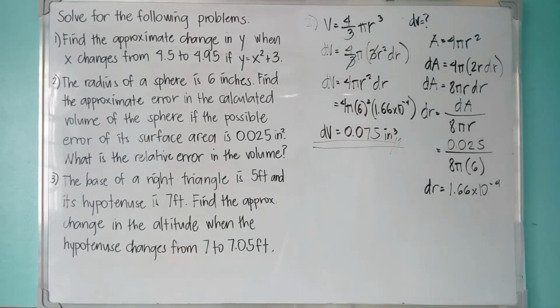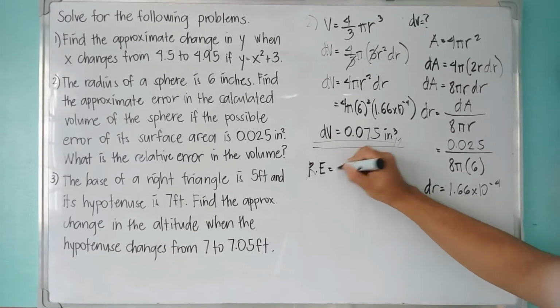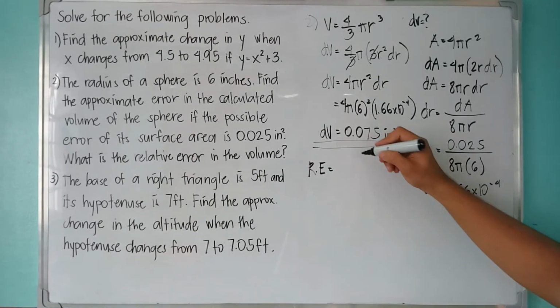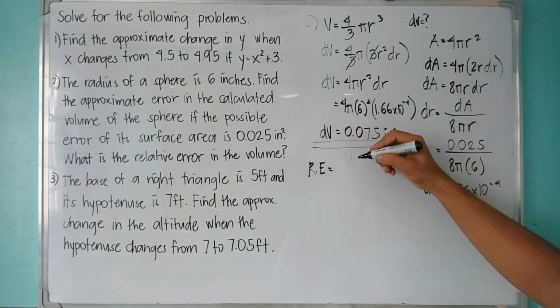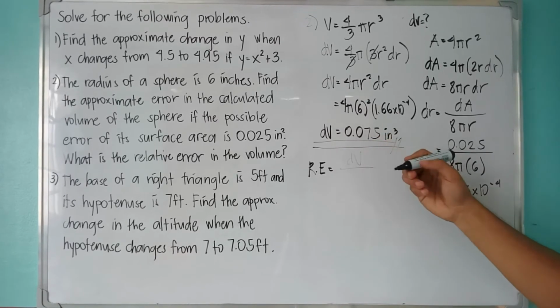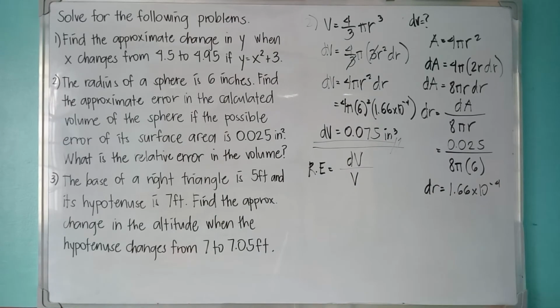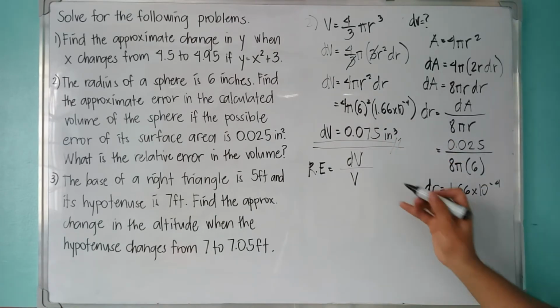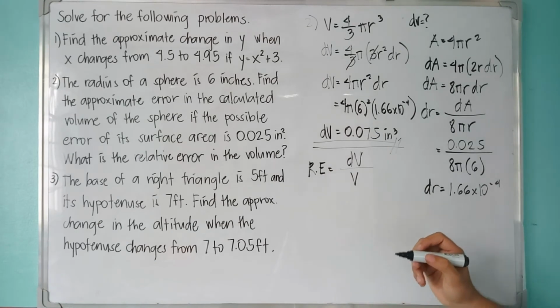Pero meron pa ditong isa, relative error in the volume. So para makuha natin yung relative error, let's say that's RE, equal yan, guys, sa error, which is yung dV, sa case natin to, dV over yung volume natin, or yung error per unit volume natin. So isolve muna natin yung volume natin para makuha natin yung relative error, di ba?